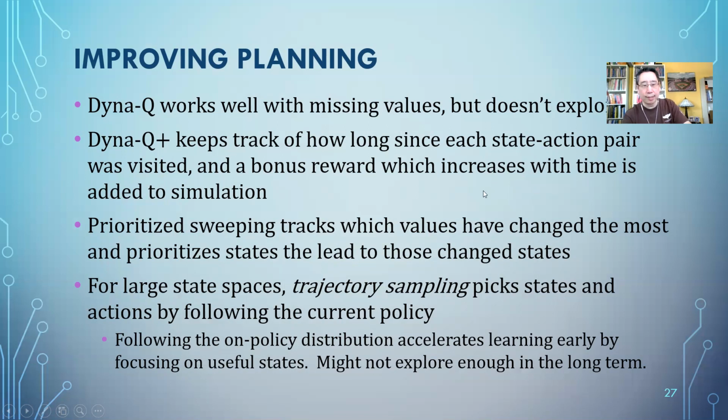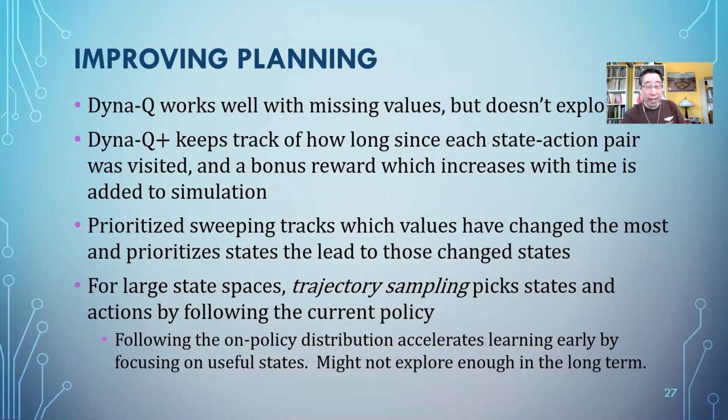But this bonus is added to the simulation, which then increases the estimated value for state action pairs that you haven't tried in a really long time. And so that essentially incentivizes the model to eventually try things that you haven't tried in a long time.